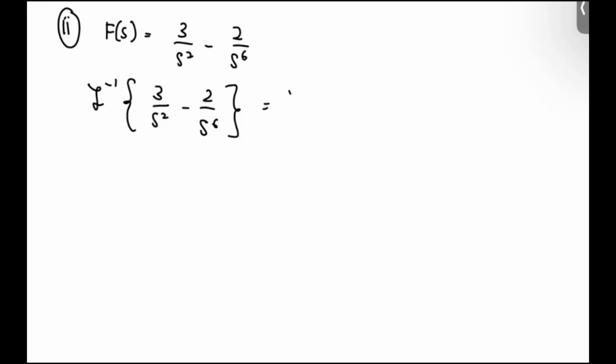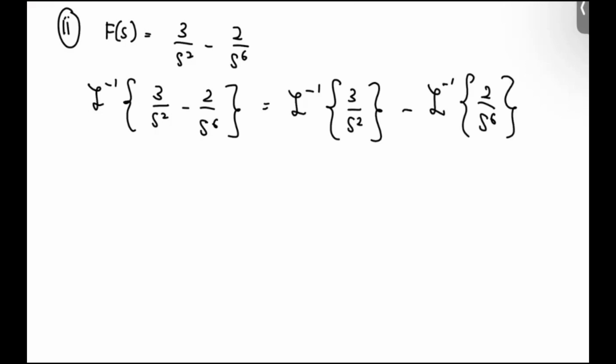So I can rewrite by using the linear property. So here will be the inverse of 3 over s squared minus the inverse of 2 over s minus 6. Three is a constant, so I can put it outside. Here I have 1 because I pull 3 outside. So here I have 1 over s squared plus 1.